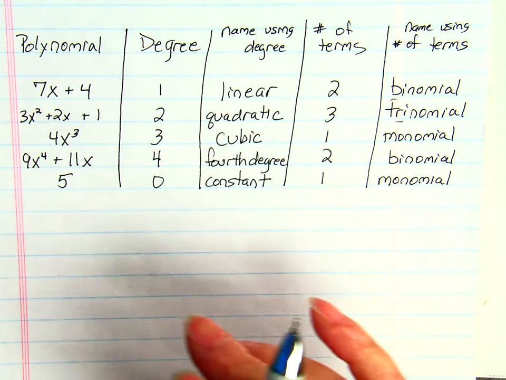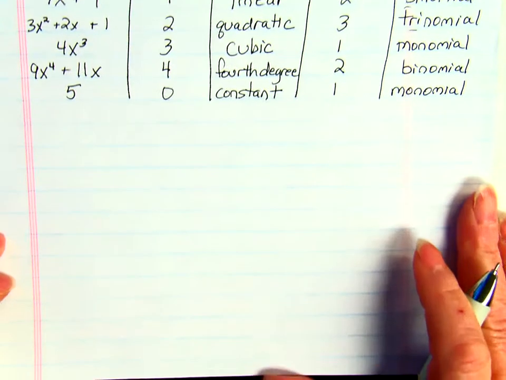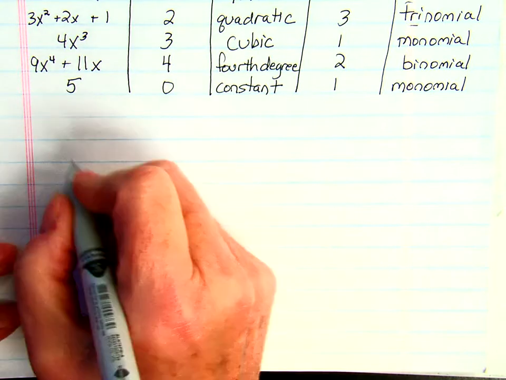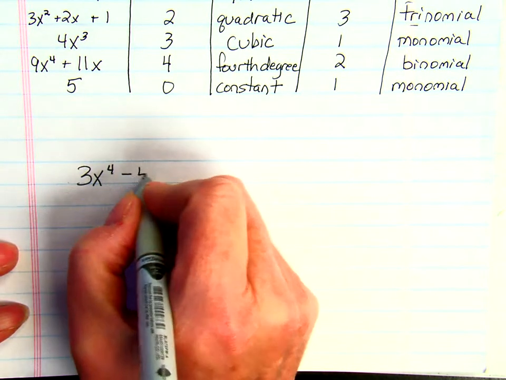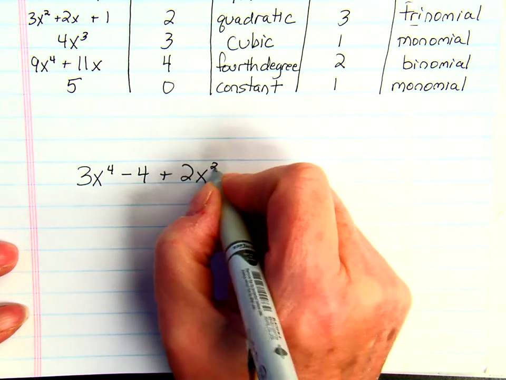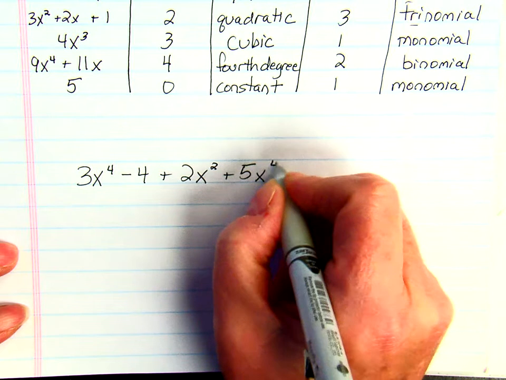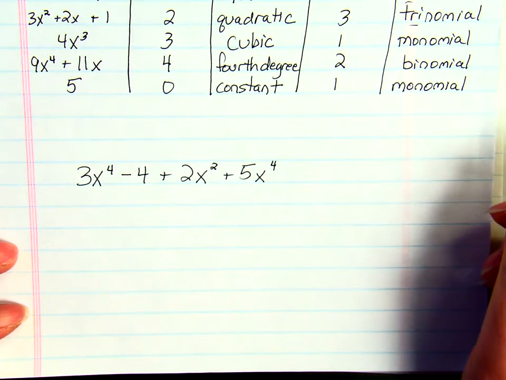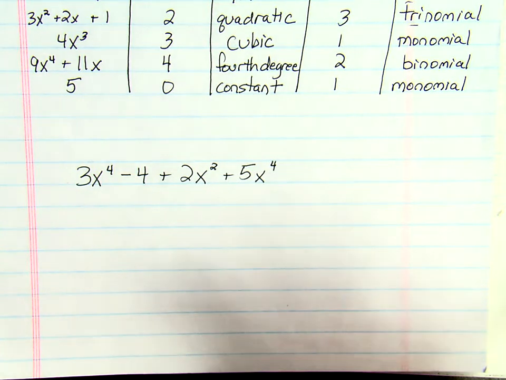So let's say I was looking at 3x to the 4th minus 4 plus 2x squared plus 5x to the 4th. First thing that I want to do with something like this is say, whoa, wait a minute. This isn't even in good order.